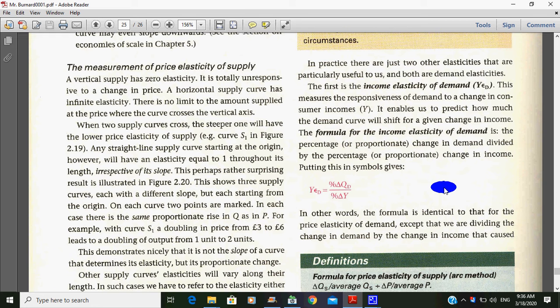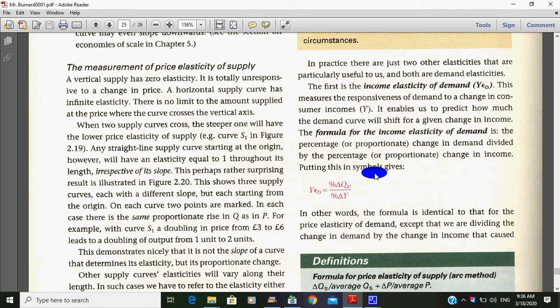What is now the quantity demanded percentage change? It would have been 20%. However, you got an increase in income from 2,000 to 2,400. Now, if you want to find the percentage change in income, you're going to have to divide the 400 by what? 2,000. And that would give you a figure of 20%. Now that 20%, you will place above your percentage change in income and divide it. And the answer would be equal to 1.